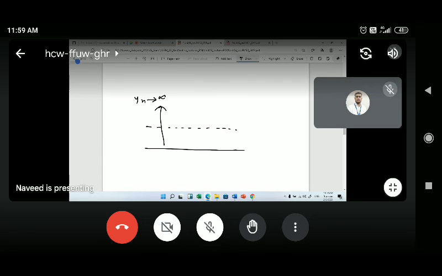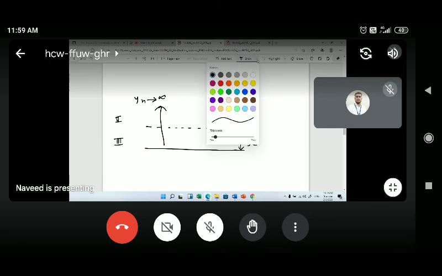Because a horizontal slope is there, and this is nothing but your YC. Now here also only two zones are there. Zone 1 doesn't exist. So zone 2 and zone 3 only.